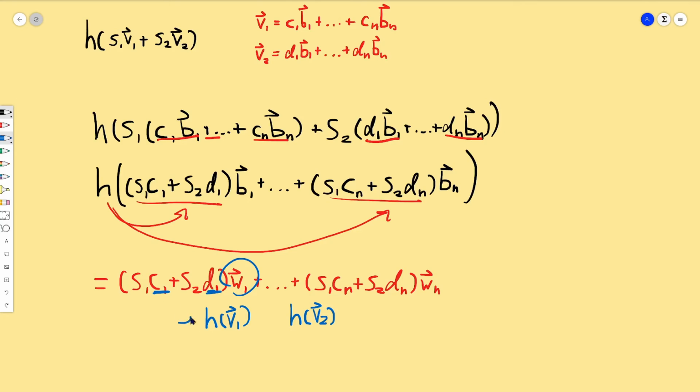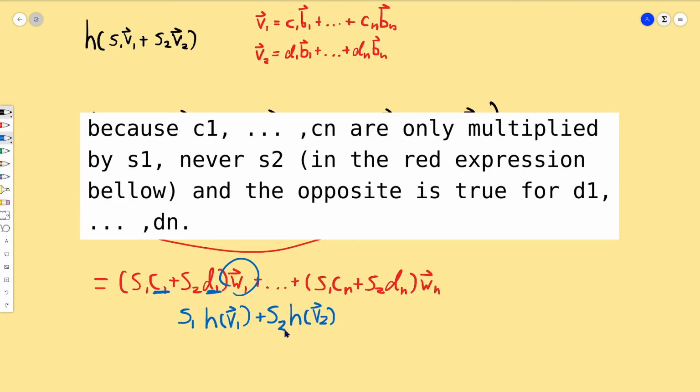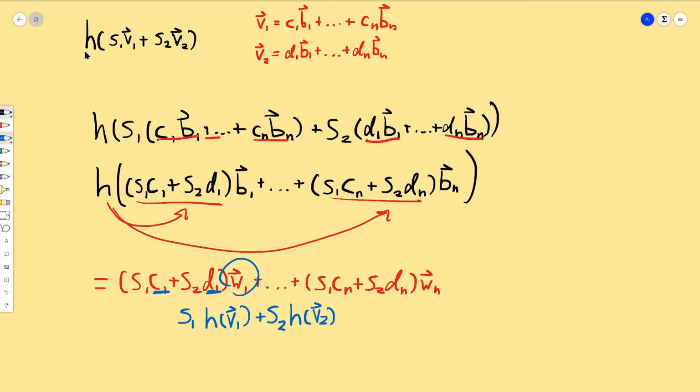So this becomes S1 times H of V1 plus S2 times H of V2. So we can see how H applied to a linear combination of two vectors in the domain with scalars S1 and S2 and vectors V1 and V2 evaluates to the same linear combination of the associated output vectors in the codomain.